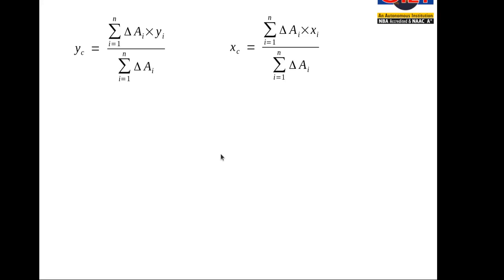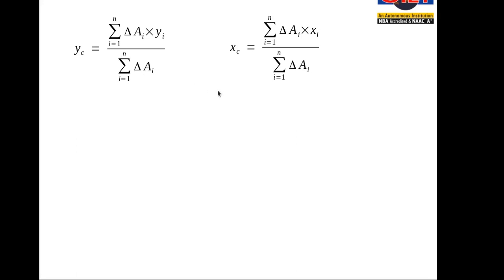So if the body is of small thickness and is of homogeneous properties, then there is no need to consider the three-dimensional body. Simply we can consider the plane figure and we can calculate the location of center of gravity.